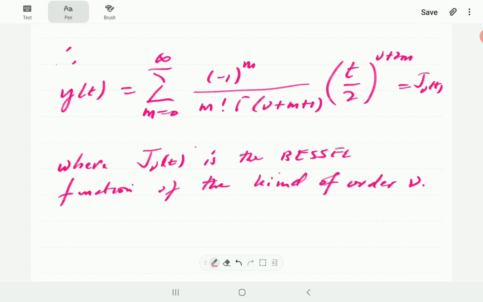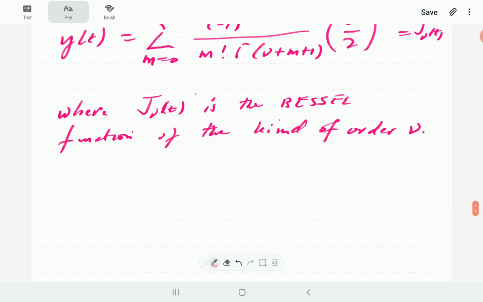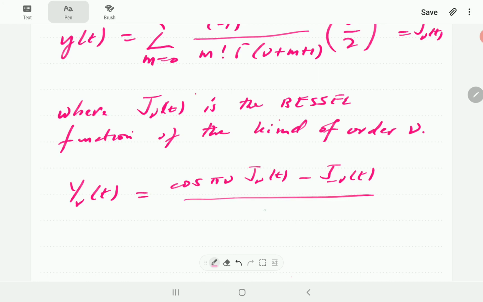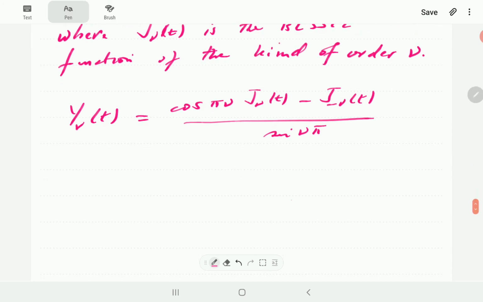There is a second solution which is singular at the origin, and it's called the Bessel function of the second kind. So that one is denoted Y nu of t. It is defined as the cosine of pi nu times J nu minus J minus nu, all divided by sine nu pi.